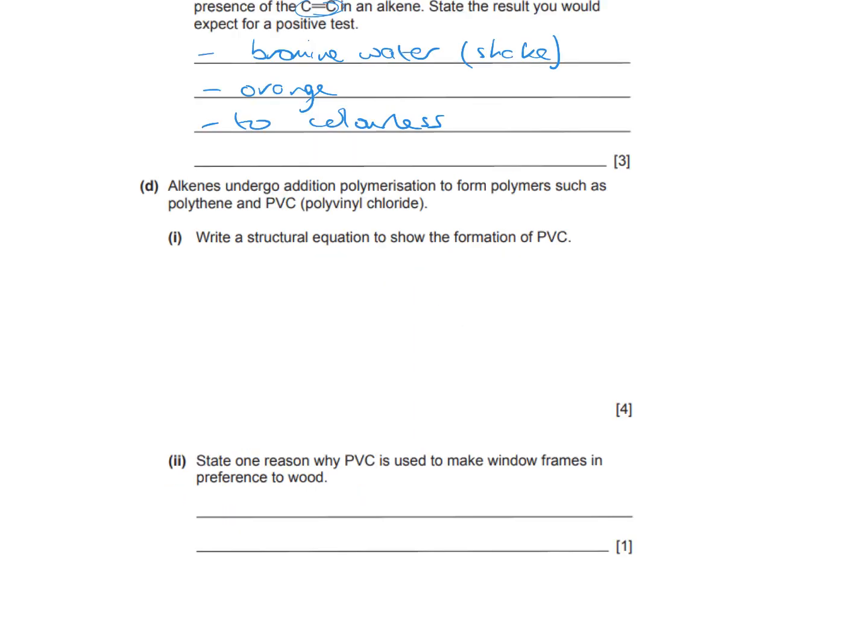D, this question was asked before. Polyvinyl chloride. So vinyl chloride is the monomer, or remember the modern name is chloroethene. 2 carbons, replace one of the hydrogens, that's an ethene, with a chlorine.